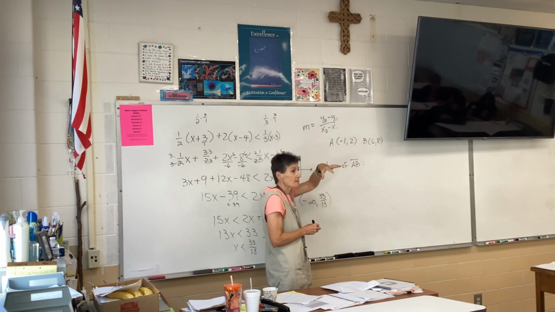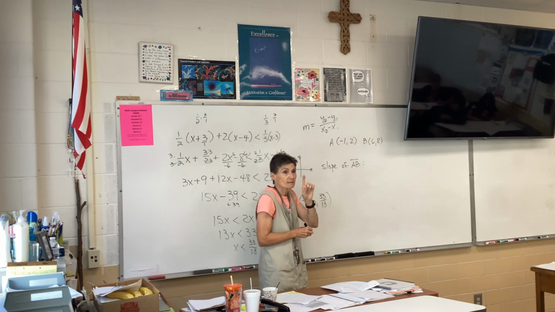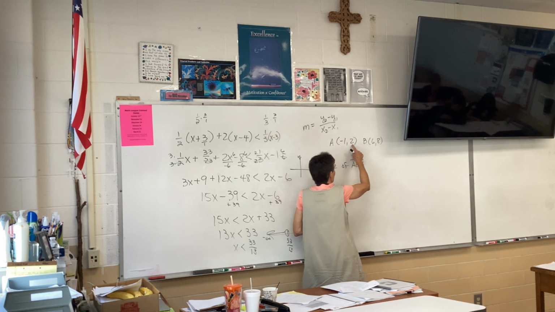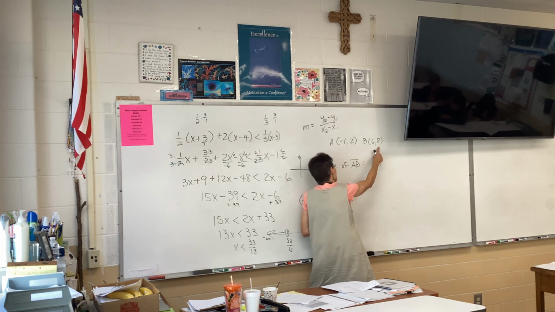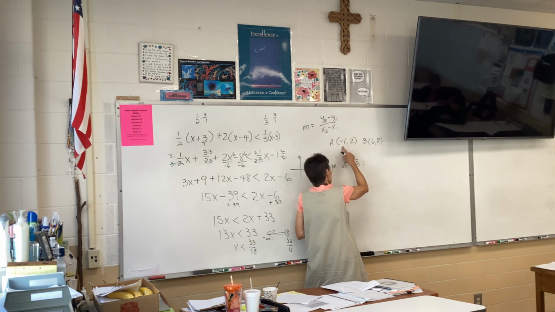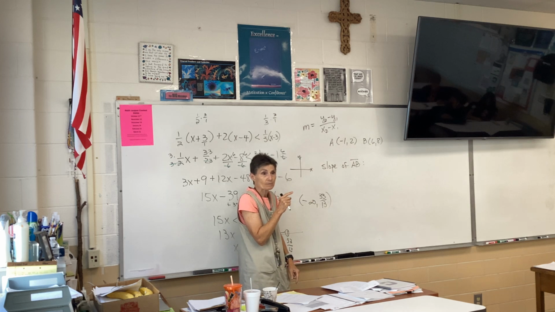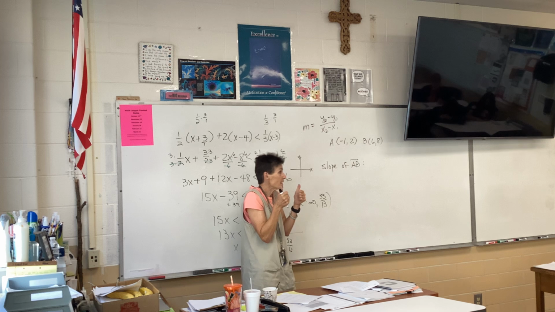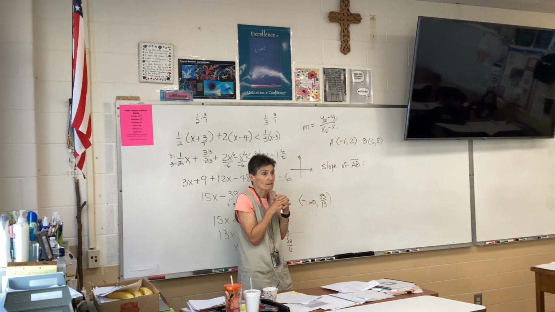Now, groupies, just like before, the order you subtract doesn't matter. But if you do first minus second for the y's, then you gotta do first minus second for the x's. If you do second minus first for the y's, you gotta do second minus first for the x's.